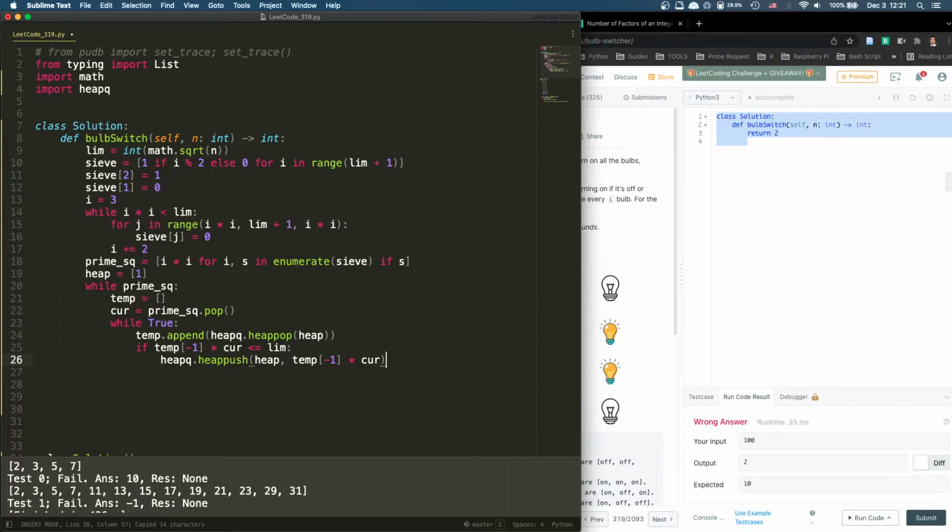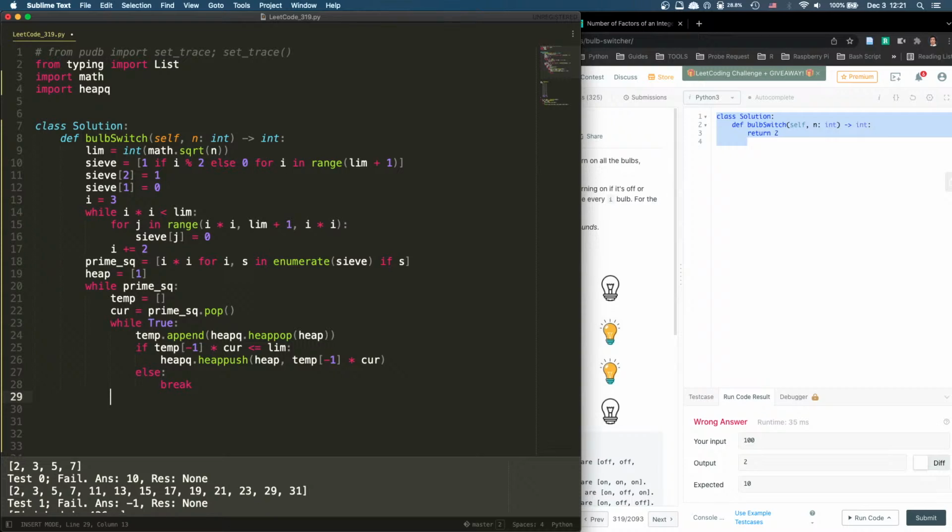Okay, so we push this one in, and then go back up again. So we're gonna pop the heap again, and then we multiply. Else, once it fails, then we break. So once it fails, we pop out a new smallest one, and then we multiply, and it's larger than limit. Then we pop.